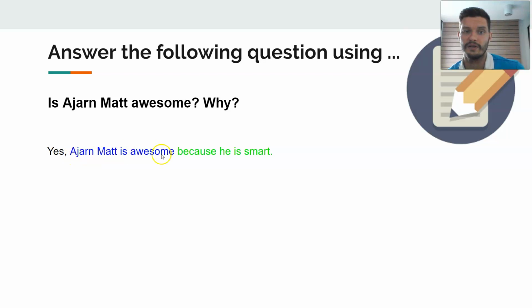I did restate the question in my answer, and I gave an answer, but that's only R and A. The C and E, that is citing evidence and explaining my thinking, are not a part of this answer. So you would definitely not get full grades or a full score for this very short answer here.